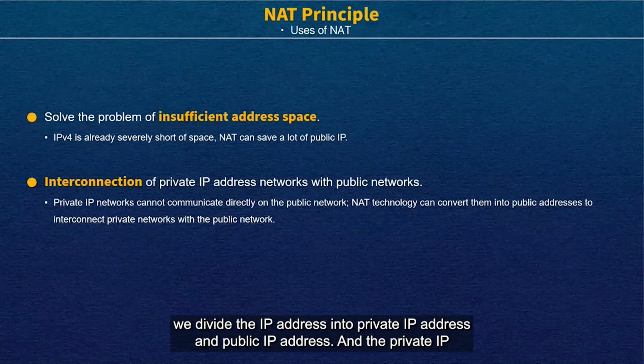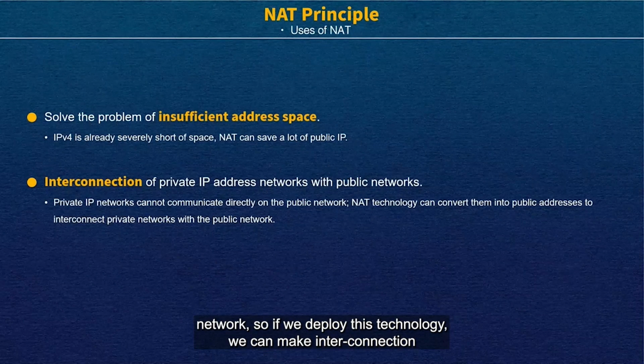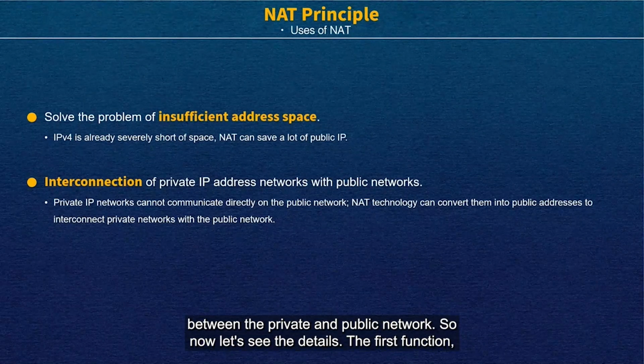Because we divide the IP address into private IP address and public IP address. The private IP address everyone can use, and this address cannot be directly forwarded to the public network. So if we deploy this technology, we can interconnect the private and public network.